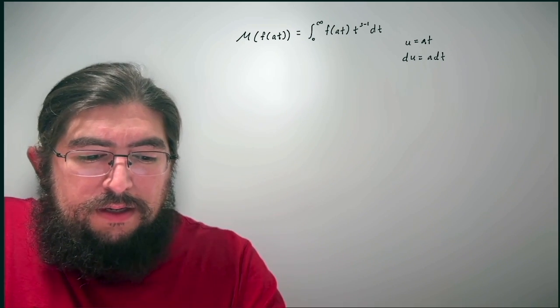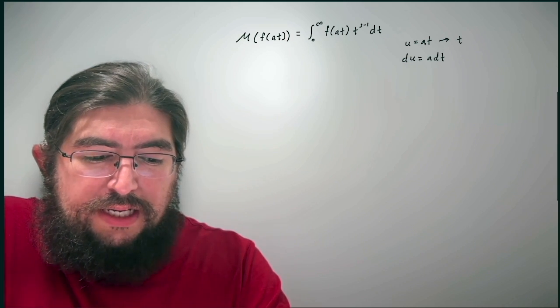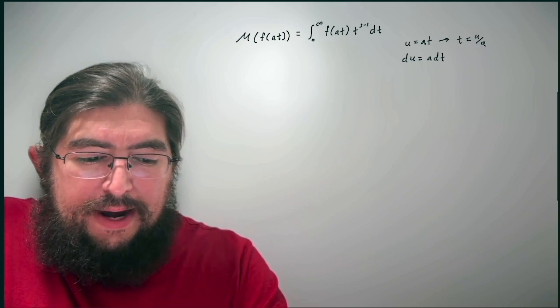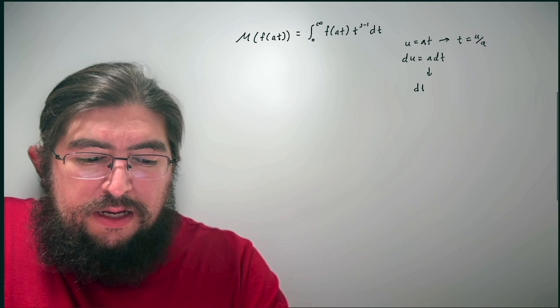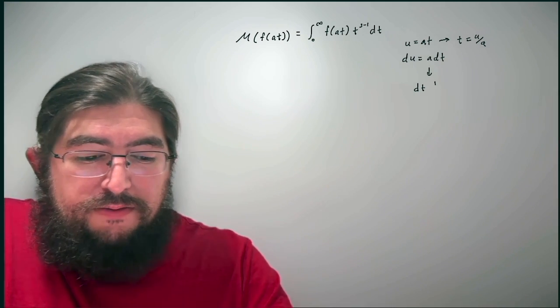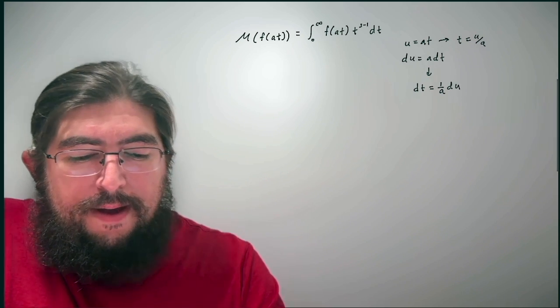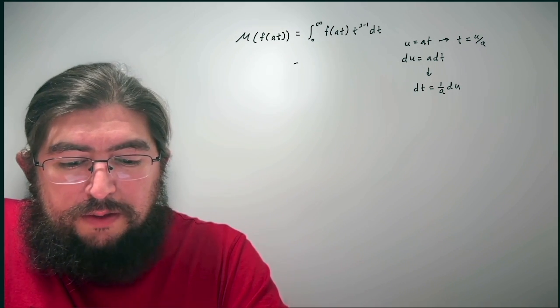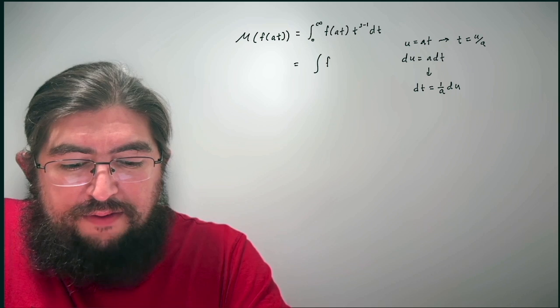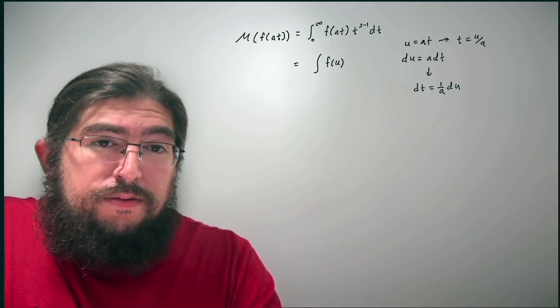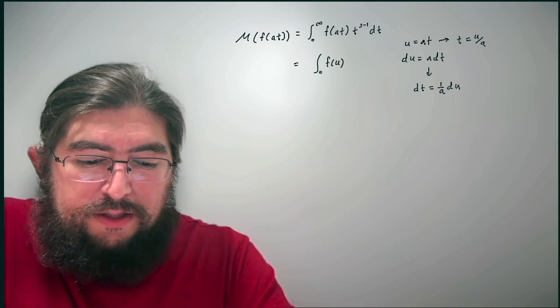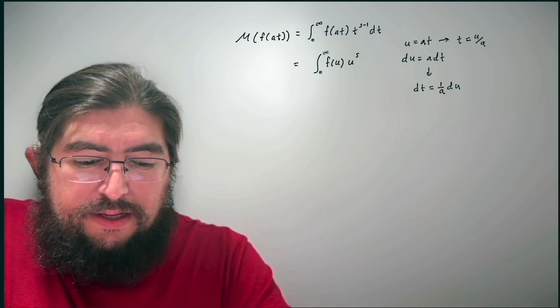And, well, notice here, t is what? t is u over a. And similarly here, dt is 1 over a times du. So, applying this substitution, we get the integral of f of u times t, which is u over a, all to the s minus 1. I'll pull the a to the s minus 1 out.